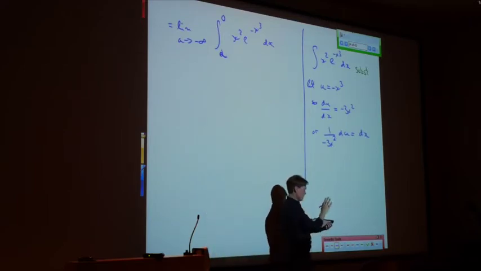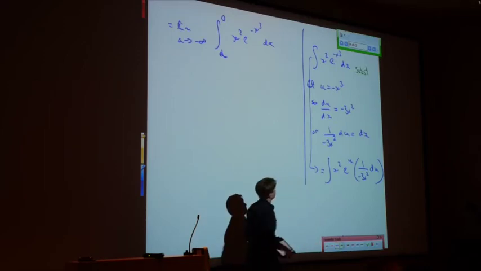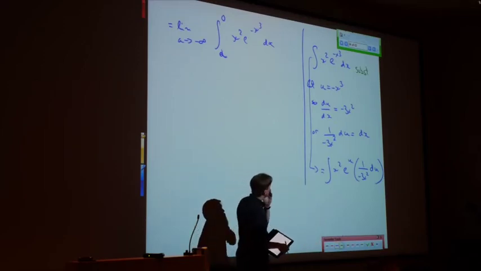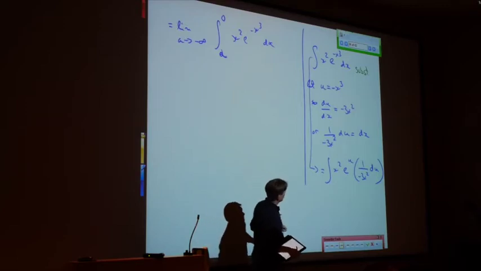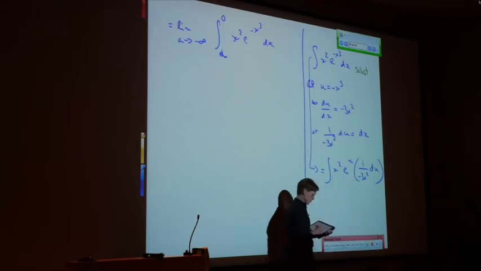Okay, that's good. And we can then evaluate our integral. It will be the integral of x squared e to the u, and the dx becomes 1 over negative 3x squared. And the whole point of that exercise is that our x squareds cancel.